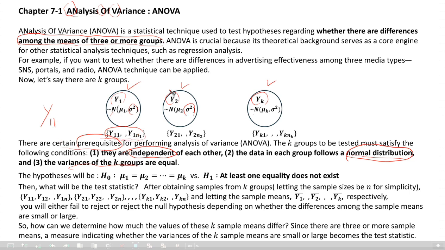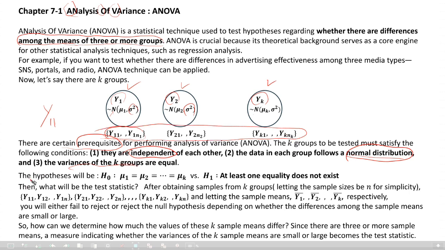From the second population, we take a sample, denoted by y21 up to y2n2. A little complicated notation, right? Two subscripts. From the kth population, the sample will be denoted as yk1, yk2, up to yk n sub k. Do you understand these notations?